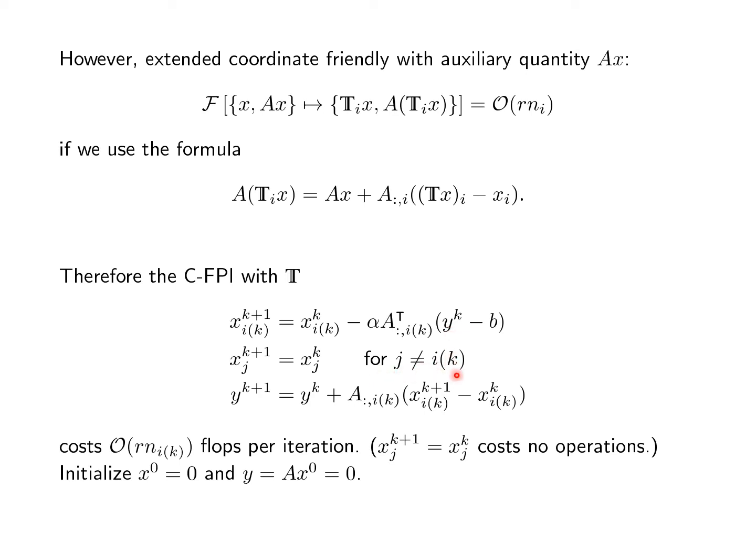The unupdated blocks should cause no operation. And then we update y by adding the difference to it, given by this matrix column block multiplied by this difference. So once again, this step costs R nik, and this step costs R nik. Altogether, each iteration costs O(R nik) flops.